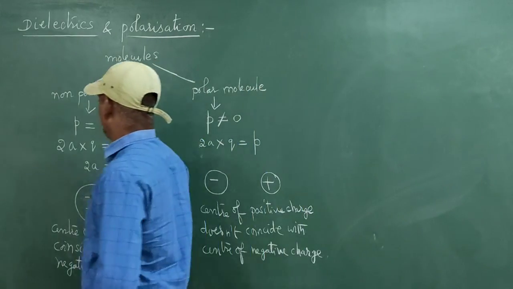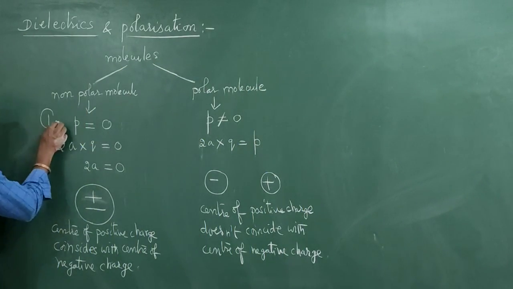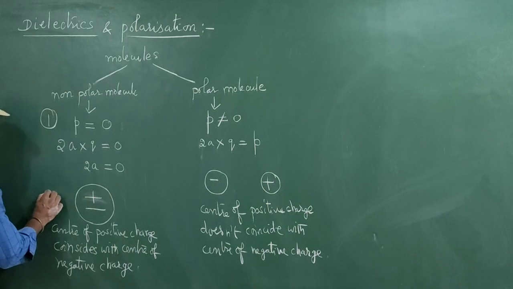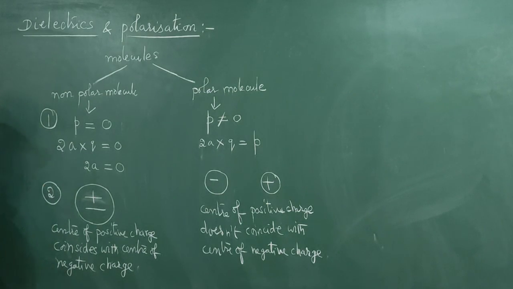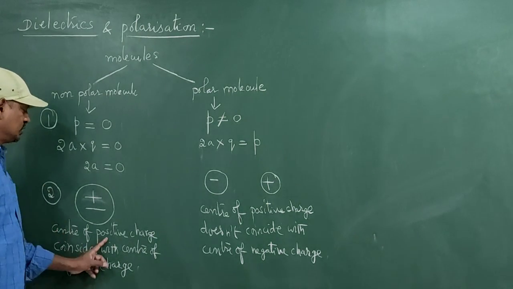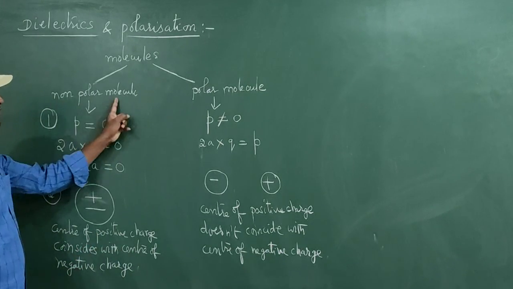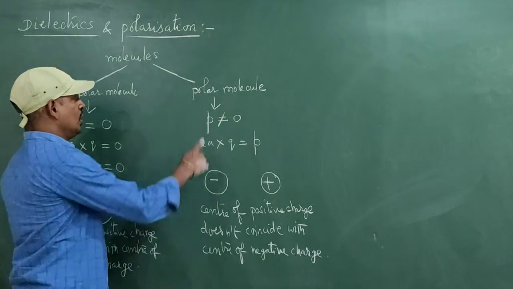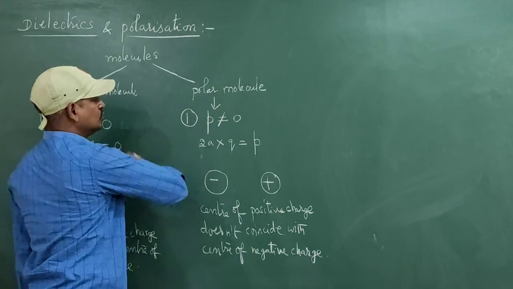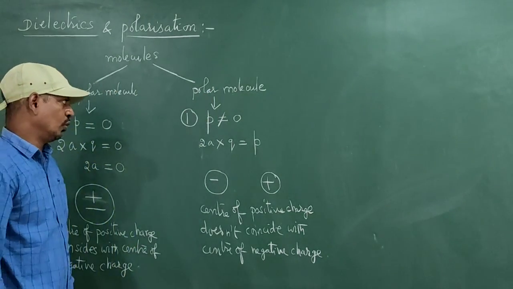So what is a non-polar molecule? Dipole moment is 0. And another way: the molecule in which the center of positive charge coincides with the center of negative charge is said to be a non-polar molecule. What is a polar molecule? Whose dipole moment is non-zero.